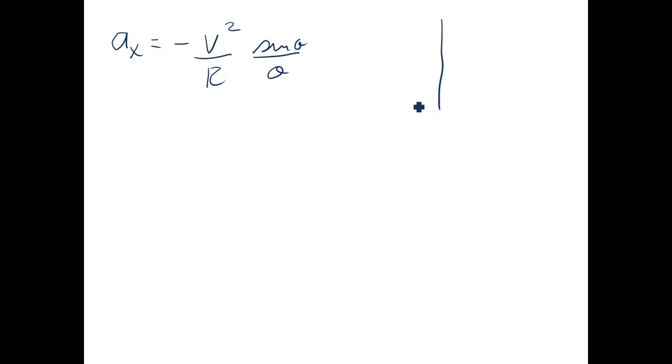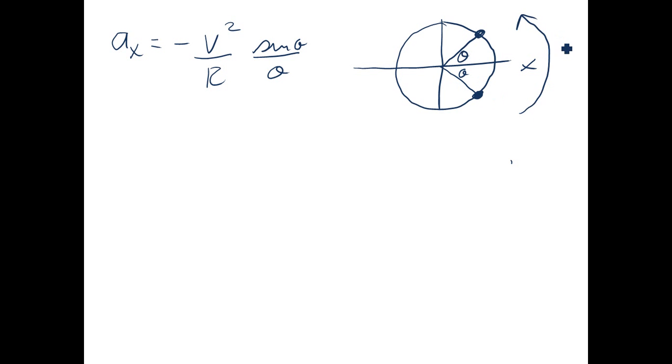And again, just to quickly draw my circle again, here we are. This is the x, so we're trying to figure out the acceleration in the x direction as this guy goes from here to here over some time delta t. And look what we have.